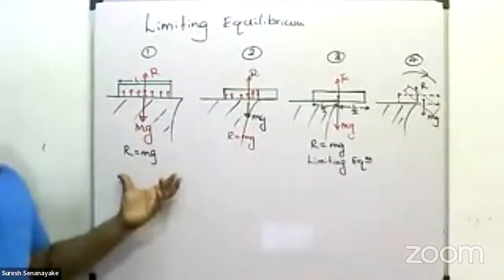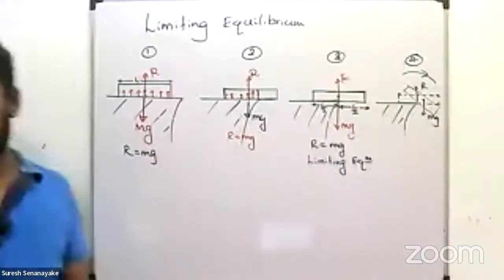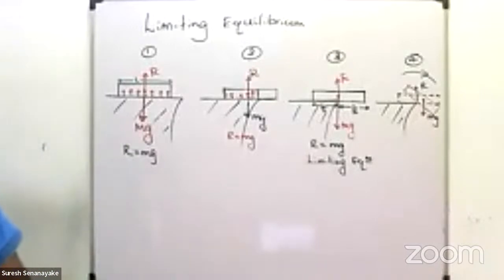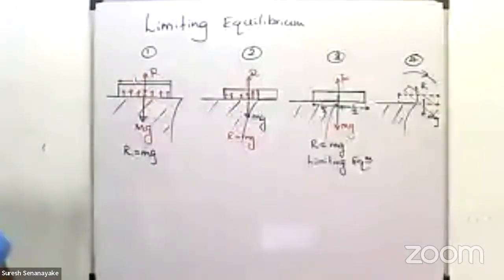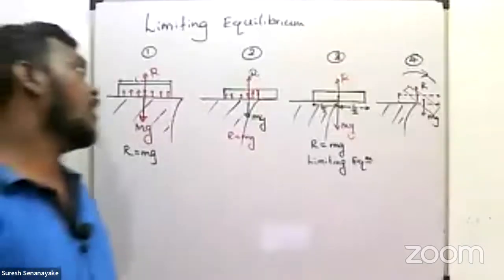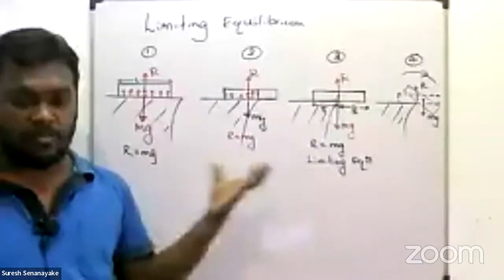First we write there: consider a uniform block placed on a horizontal table, as shown below. Then you can draw these four figures one by one.